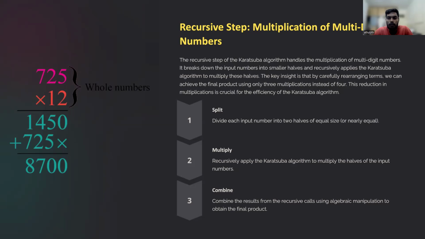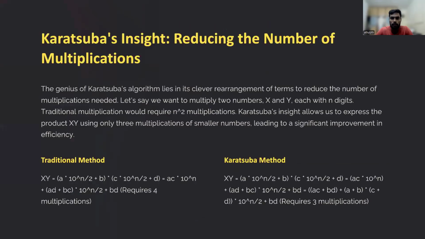Split: divide each input number into two halves of equal or nearly equal size. Multiply recursively: apply the Karatsuba algorithm to multiply the halves of the input numbers. Combine the results from the recursive calls using algebraic manipulation to obtain the final product. Karatsuba's insight: reducing the number of multiplications. The genius of the Karatsuba algorithm lies in the clever rearrangement of terms to reduce the number of multiplications needed.